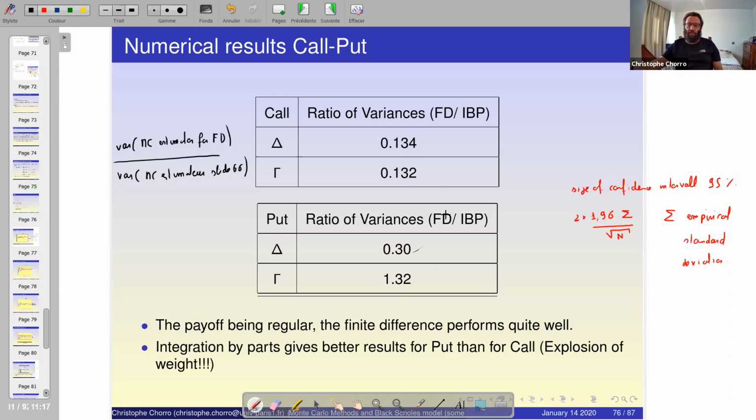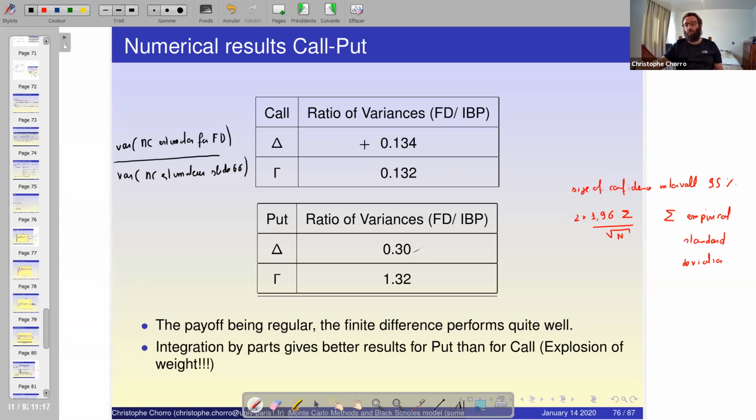But what I can also see in this situation is that what I obtain in the case of the delta is a priori a little bit better than what I obtain in the case of the gamma, okay? And what I obtain for the put is better than what I obtain for the call option. So what I can say at this stage is that the finite difference scheme using Monte Carlo approximation gives good results in the situation of put and call.